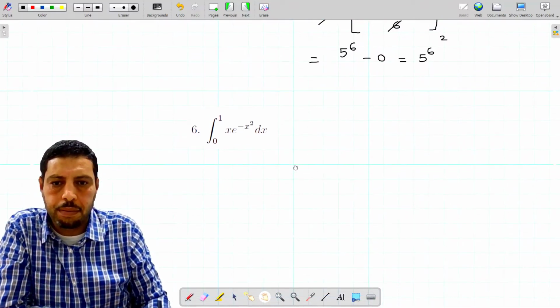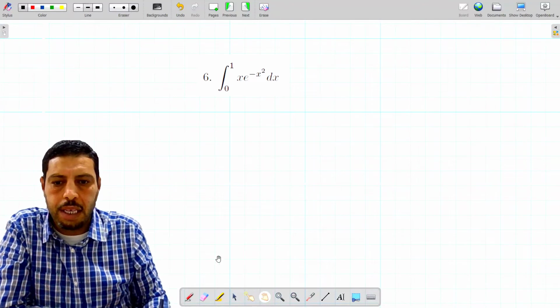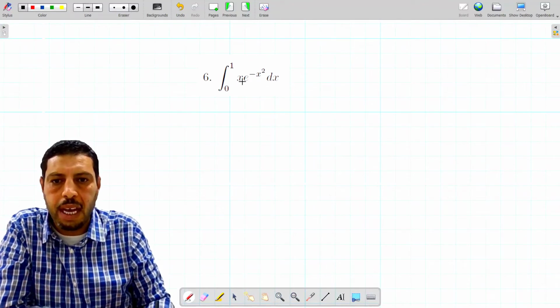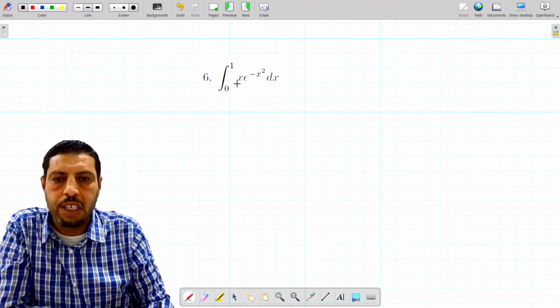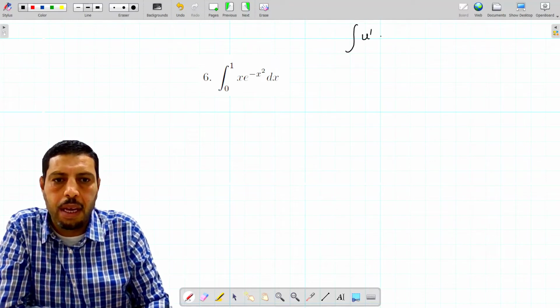Next one. The integral between 0 and 1 of x exponential minus x squared. So let's try integration by substitution first. Remember that the integral of u prime exponential u is exponential u.